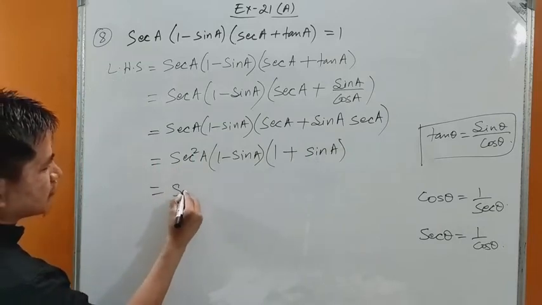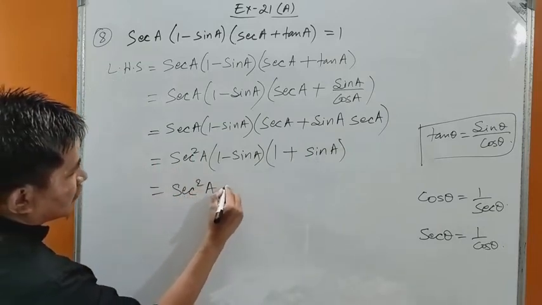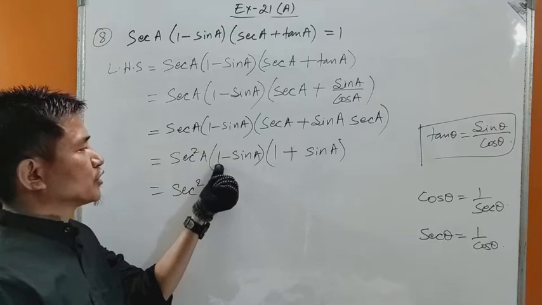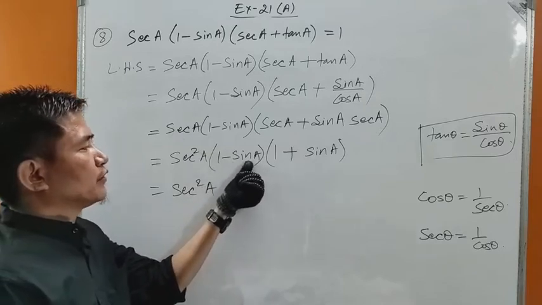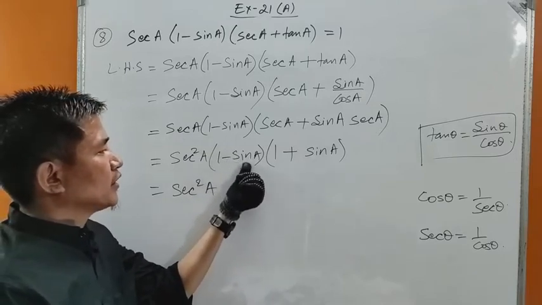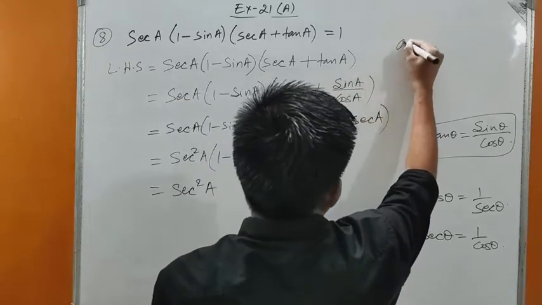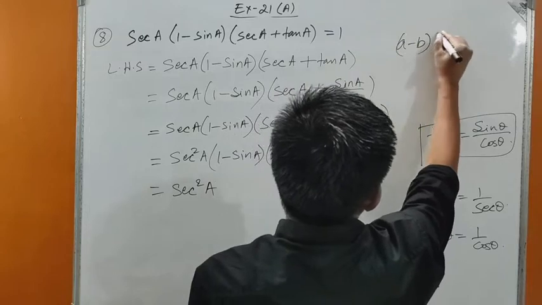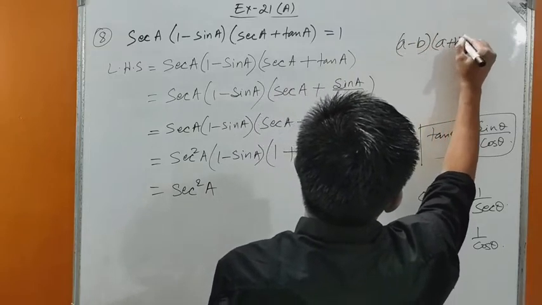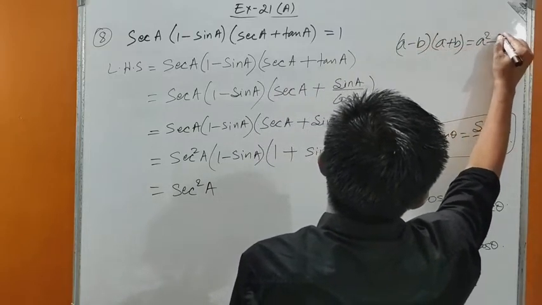So this sec square A, let's assume this one as A and sin A as B. A minus B, A plus B, isn't it? So we know the formula, A minus B into A plus B equals A square minus B square.